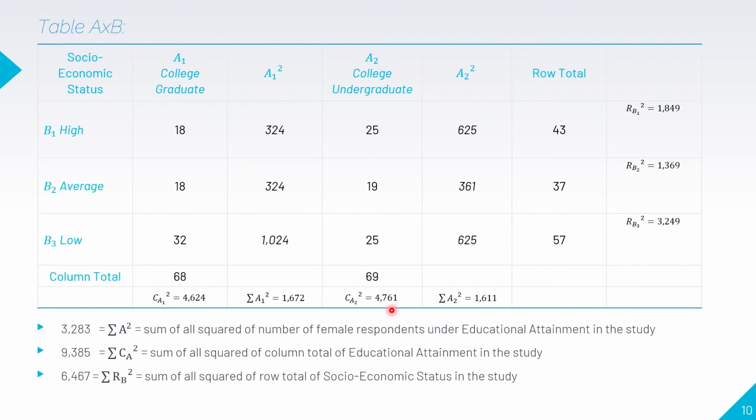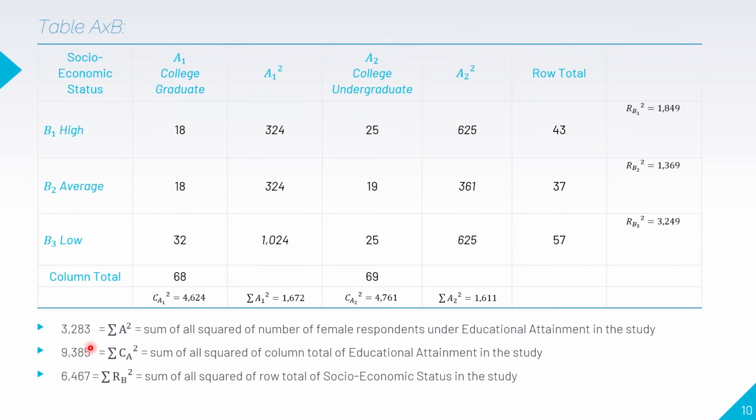We just need to add this, 4,624 plus 4,761, and we have our summation of C sub A squared, a total of 9,385. We'll be needing these numbers later in our solutions.